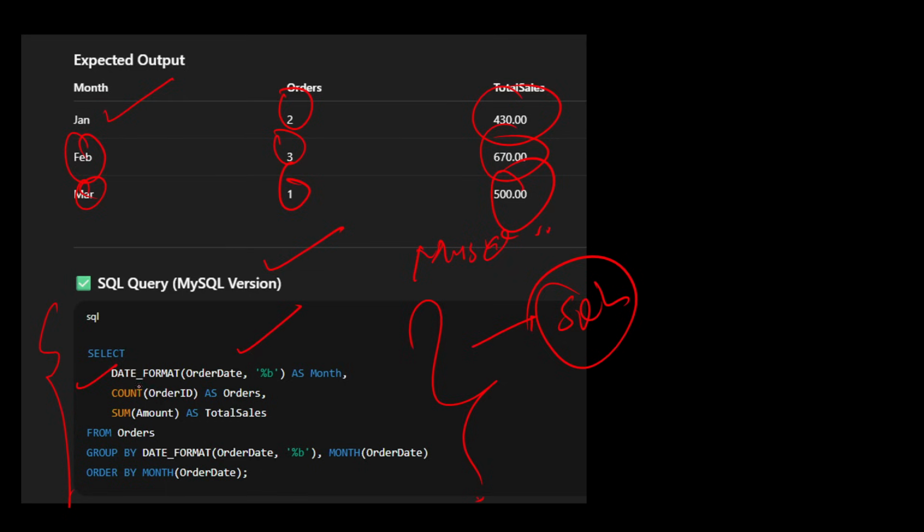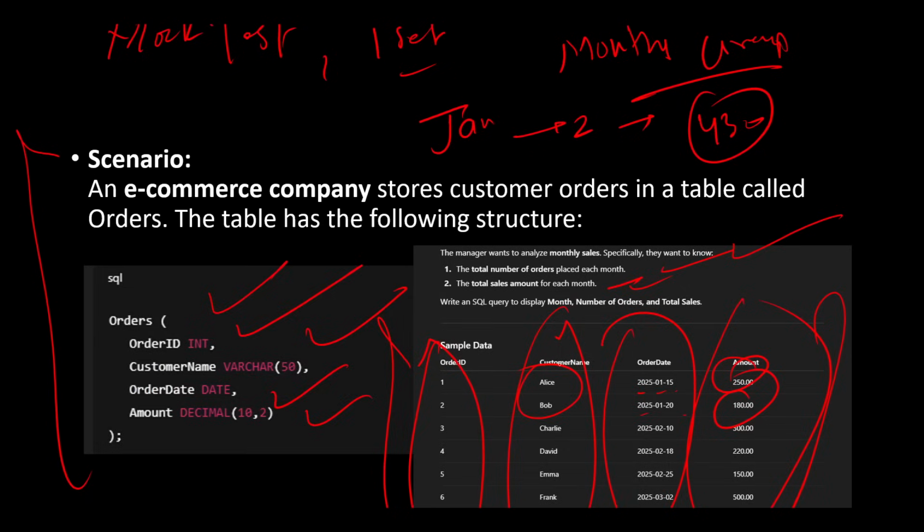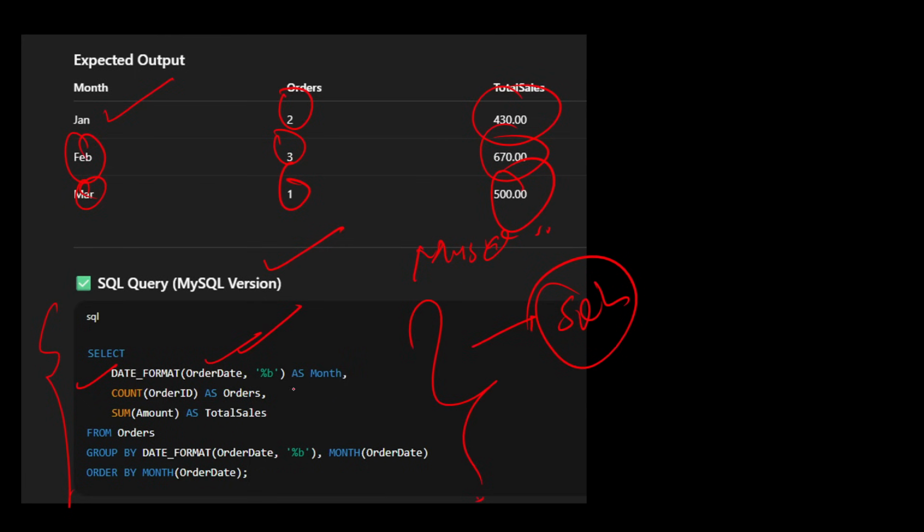So first of all, we are choosing the date format, DATE_FORMAT of order date, percent b as month. I will explain it, don't worry. We are just choosing the date format for order date, where all the dates have been provided.